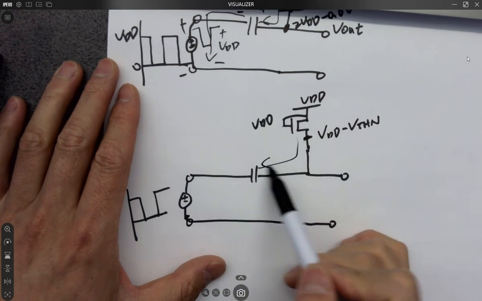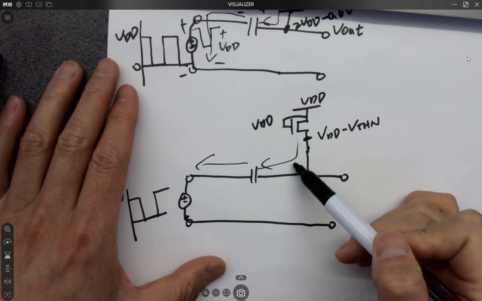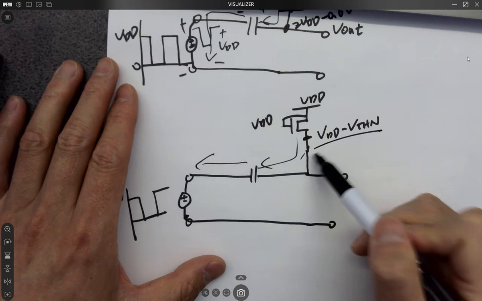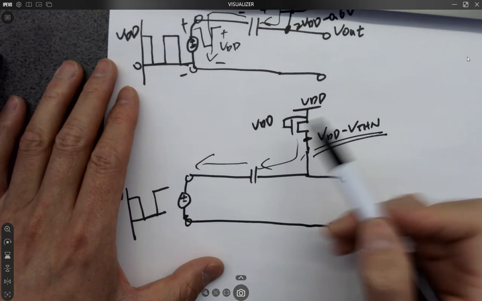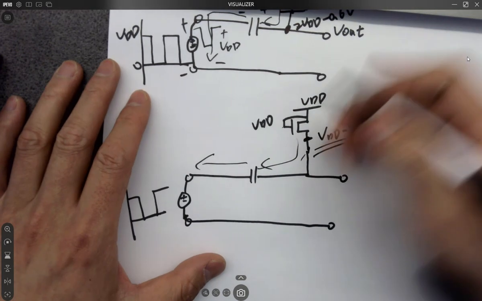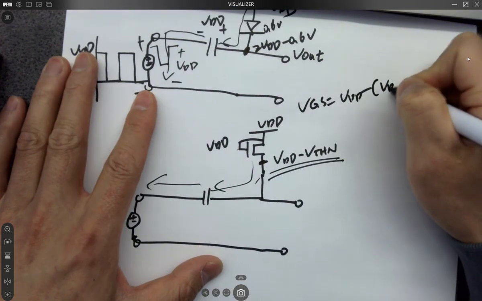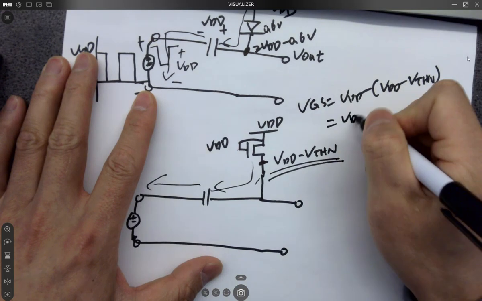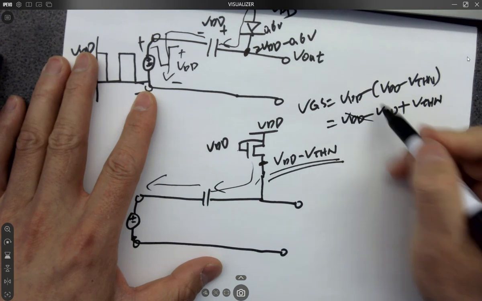It's pulling, right? Pulling charges. It's charging up the cap. This voltage will start going up, will start rising. And after it reaches this voltage, it cannot go up anymore because whenever it's a little bit higher, the NMOS will be shut off. The reason for that is VGS equals VDD minus VTHN, which is VDD minus VDD plus VTHN. And this is cancelled.